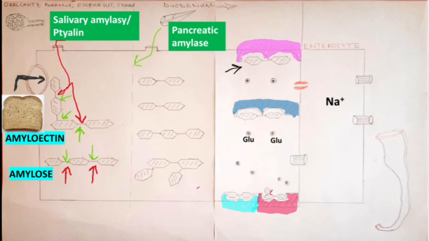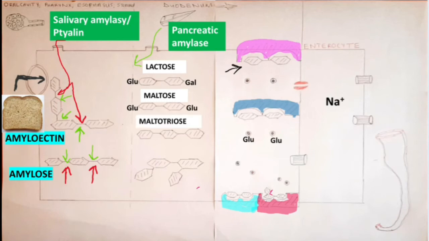other oligosaccharides. Firstly, lactose is made up of glucose and galactose. The second one is maltose, which is glucose and glucose, two glucose molecules. And this one is maltotriose, with three glucose molecules.